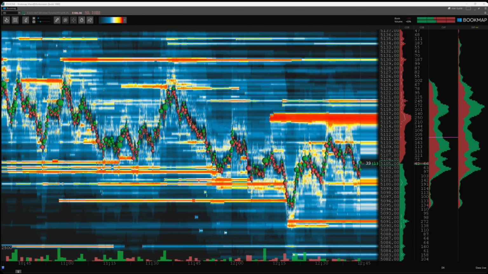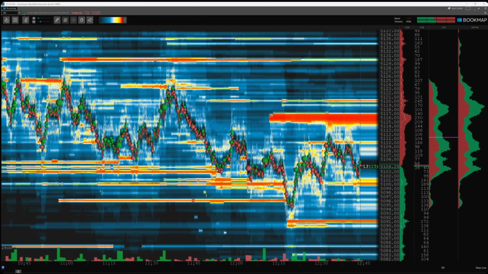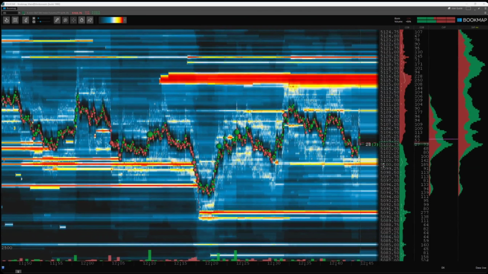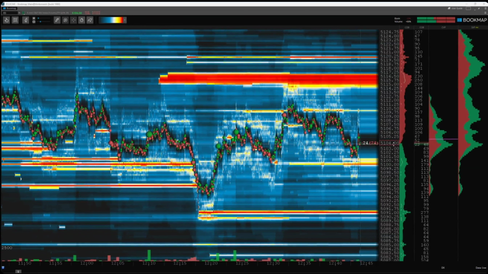Bulls are pushing it, nothing crazy. 50.62. Okay, we still got 16 minutes.